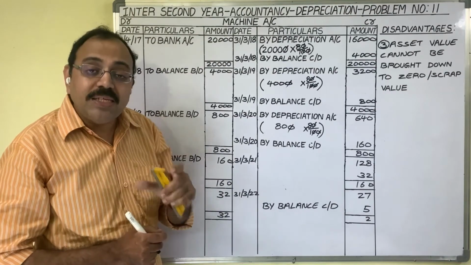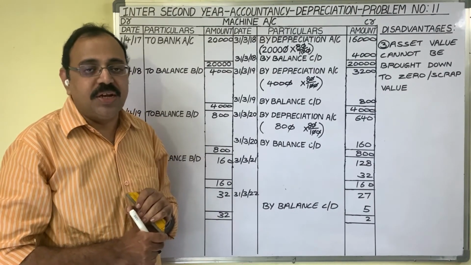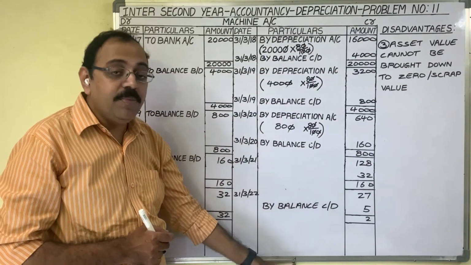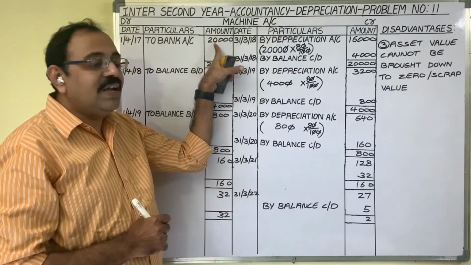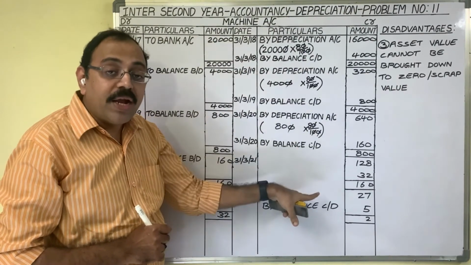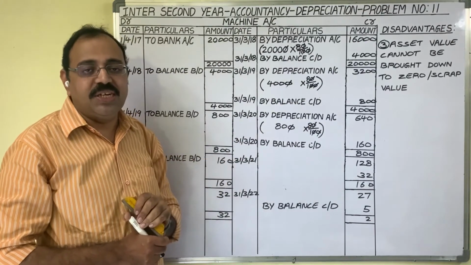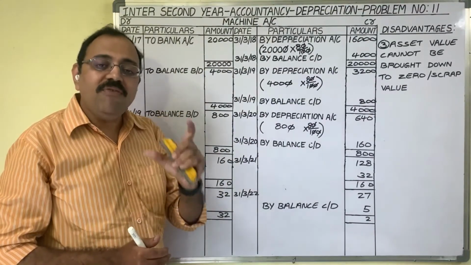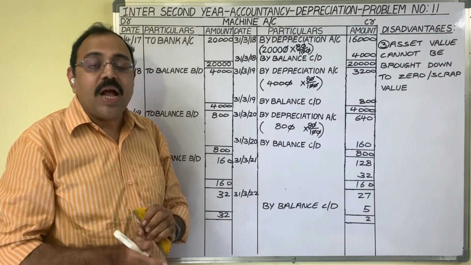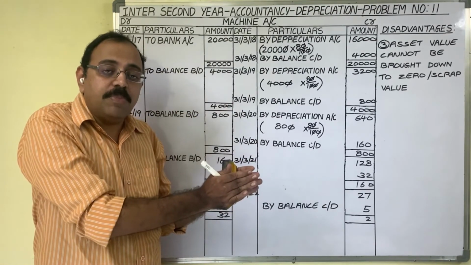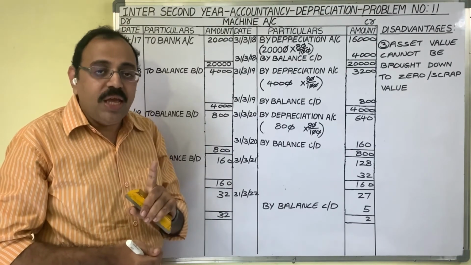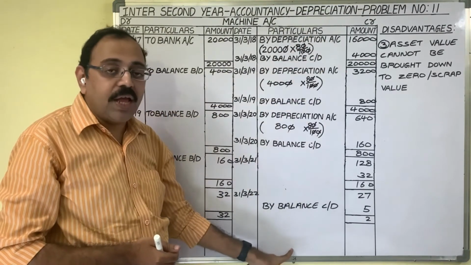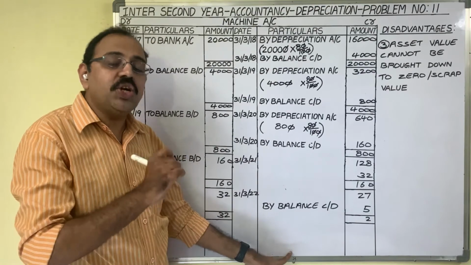If you provide a lower percentage of depreciation, it takes a long time to write off the asset properly, so the total asset value cannot be written off in the form of depreciation. So remember, in the diminishing balance method, compared to the fixed installment method, the rate of depreciation will be more. Then only can we close the asset account properly within a short period.